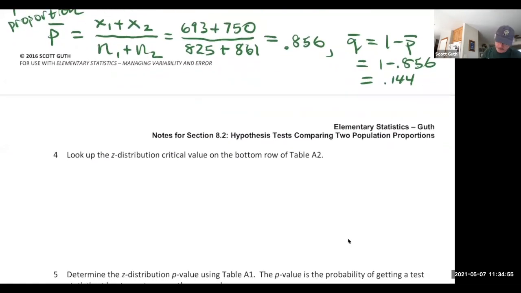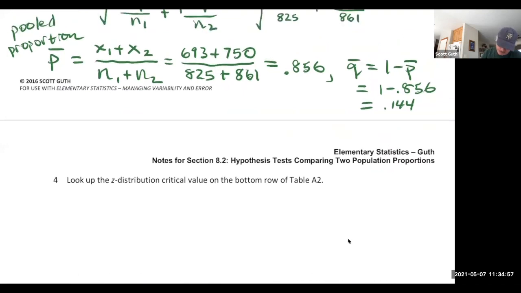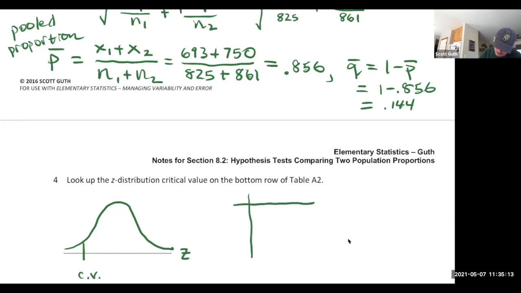Okay, but let's go ahead and get our critical value next. So this is the bottom row of table A2. This one's a left tail test, I think we said. So here's our critical value on the Z distribution. If you go to the bottom row of table A2, where the degrees of freedom are just large, those are Z scores.